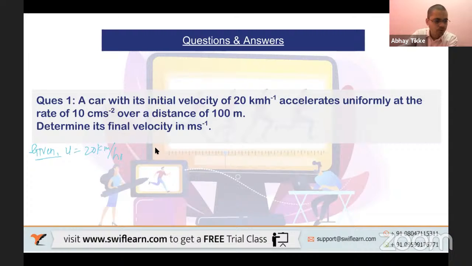Please tell me. How do you convert kilometer per hour to meter per second? Anybody? Let's see who gives the answer. Akshita, Nobe, Varsha, anybody would like to tell me the answer? किलोमीटर पर आवर को मीटर पर सेकंड में करना है.